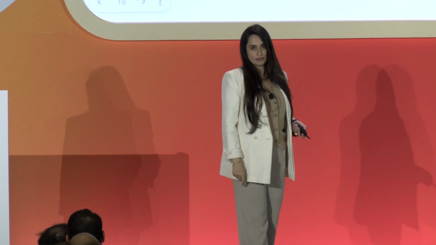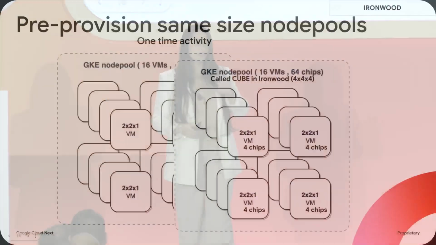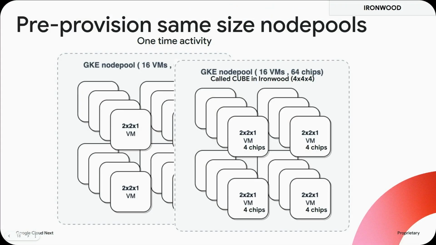Let's go see how. Before that, there's a prerequisite. Here, I just want you to pay attention to this: instead of creating a node pool when your workload is scheduled, and to exactly what your workload needs, we are going to treat node pools as basic infrastructure.